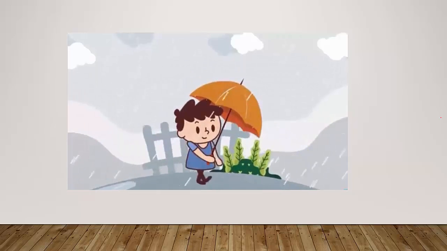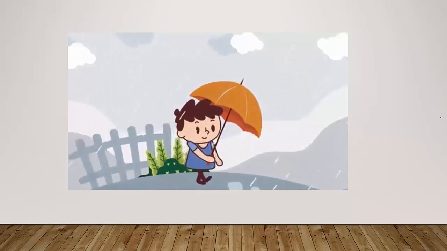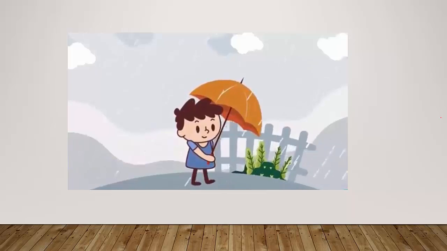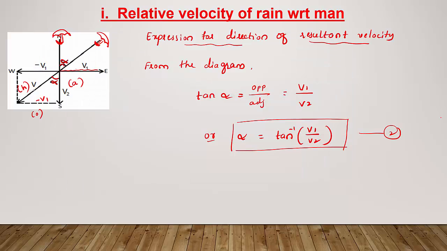All of us hold our umbrellas similarly at an angle to avoid getting wet, intuitively, without caring about the physics behind this. So we have to hold the umbrella at the angle alpha to protect from the rain. So this is all about the first application, that is, relative velocity of rain with respect to man.